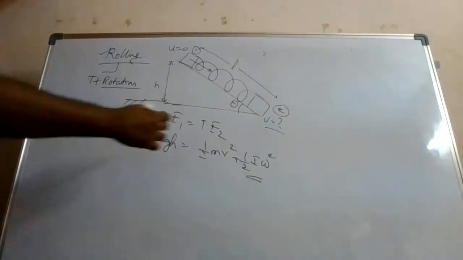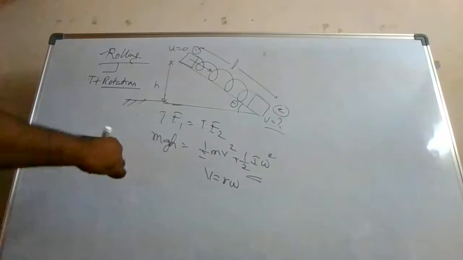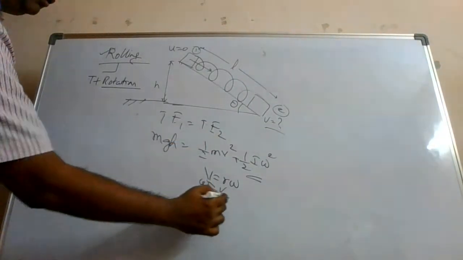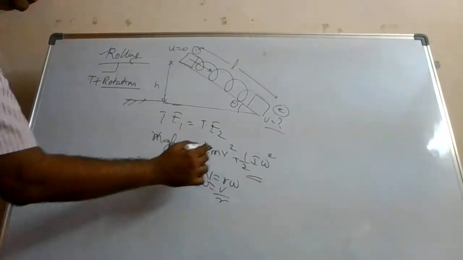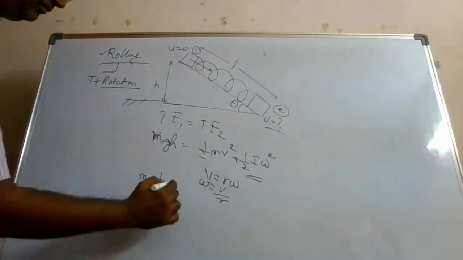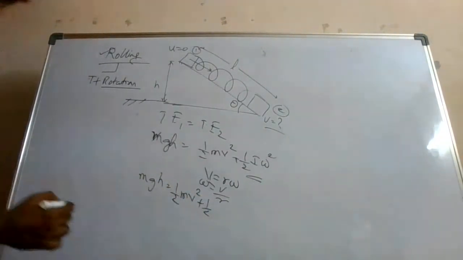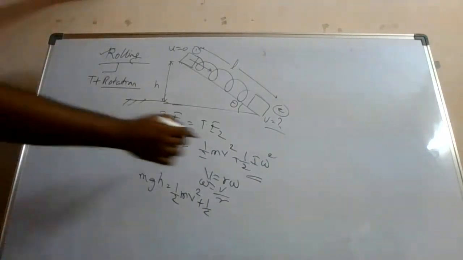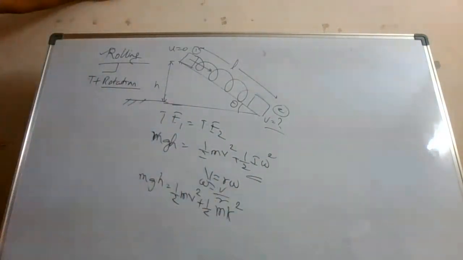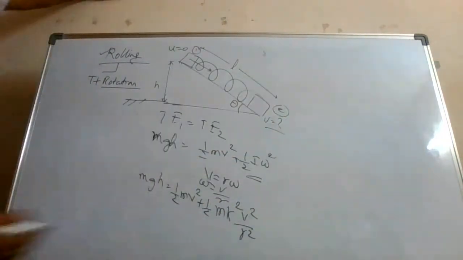So v is equal to R omega, you know that, right? So this omega can be written as v divided by R. Here you can cancel out the m's. So mgh is equal to half m v square plus half I omega square. How can you write I? You can write m k square, the general format, into v square by r square.